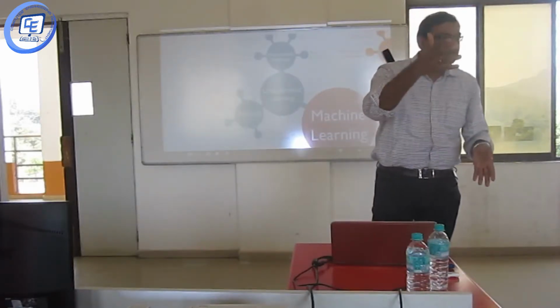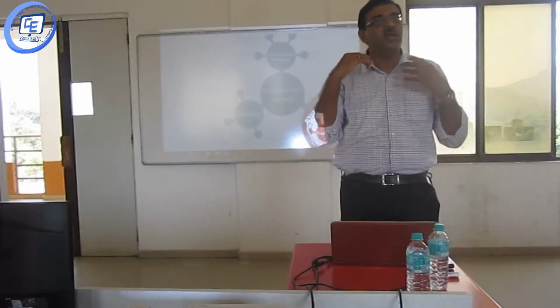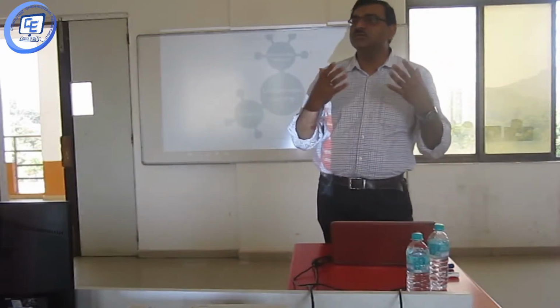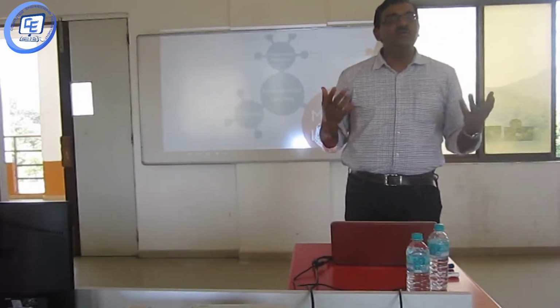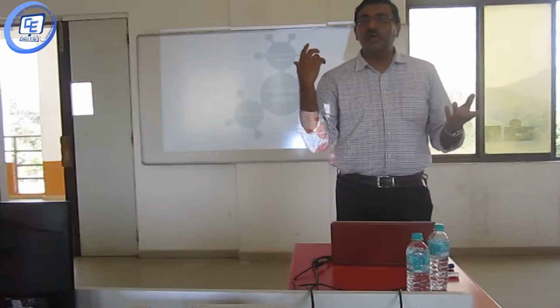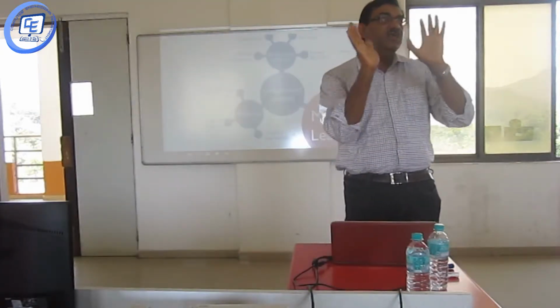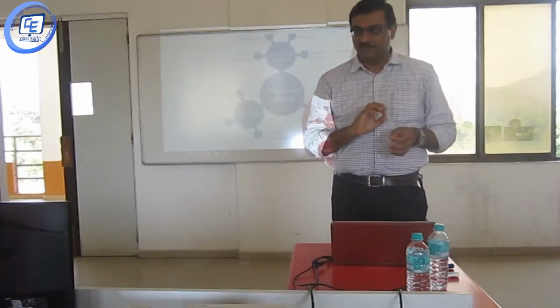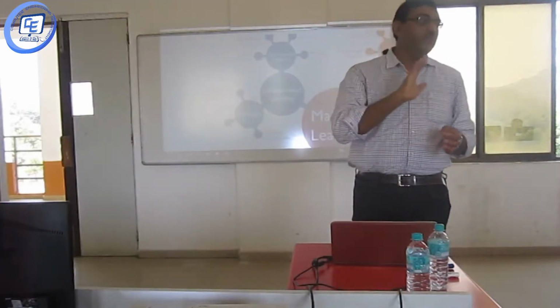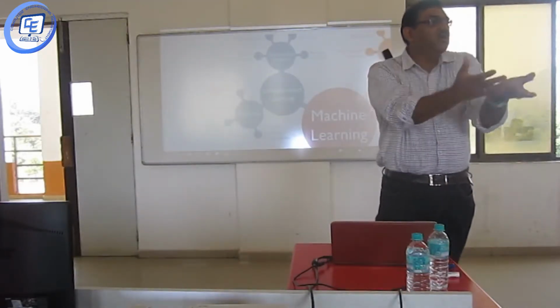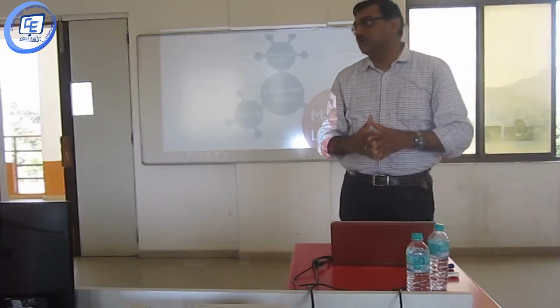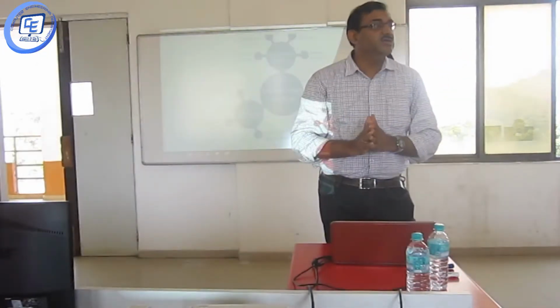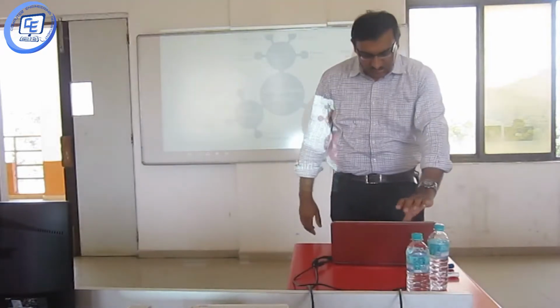If I give you data which is 10 dimensional, it is difficult for us to comprehend. So dimensionality reduction says we can reduce the number of dimensions while still retaining the information, so that we can visualize and interpret our data. So we are going to do all this today.